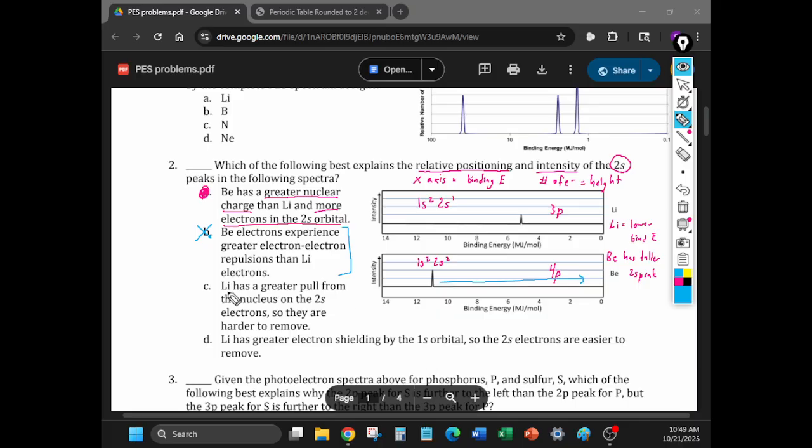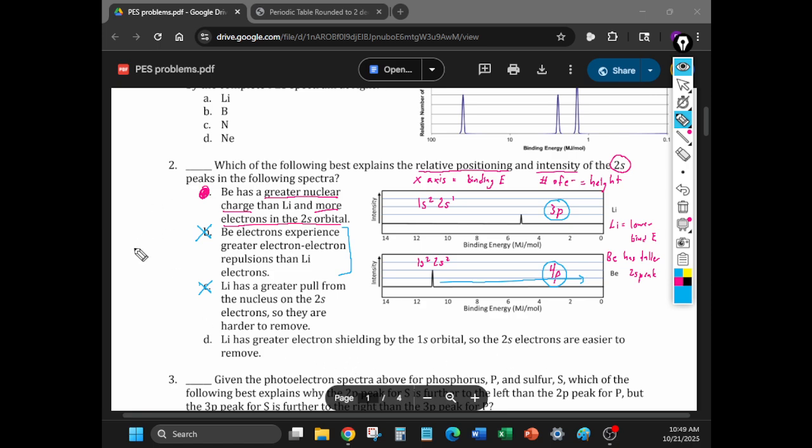Let's look at C. C says lithium has a greater pull from the nucleus on the 2s, so they are harder to remove. We know this isn't true because lithium has 3 protons and beryllium has 4. So this is just incorrect theoretically and in the chart. And then lastly, lithium has greater electron shielding by the 1s orbital, so the 2s electrons are easier to remove.